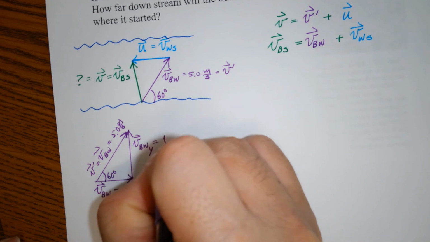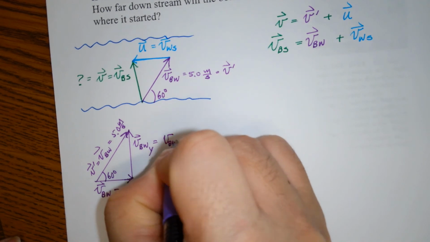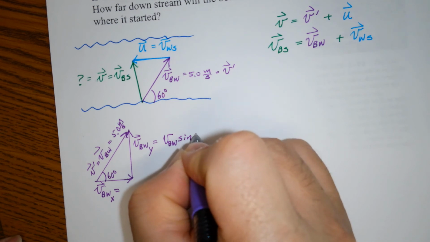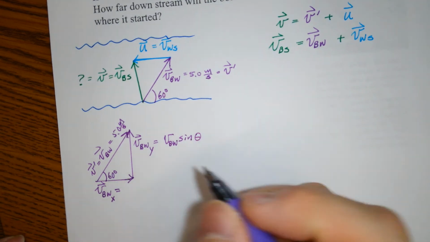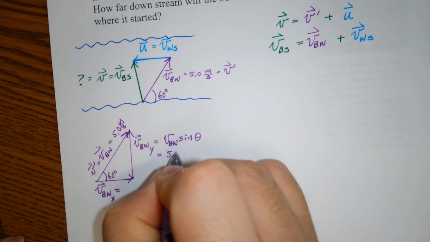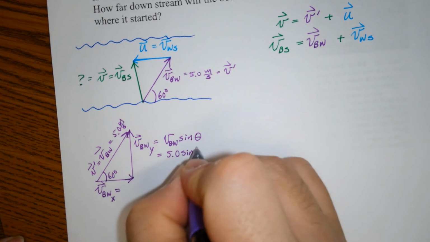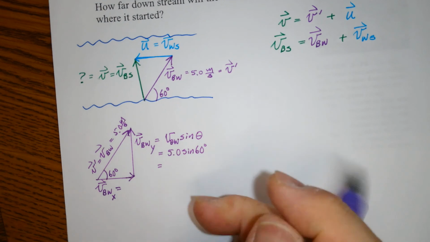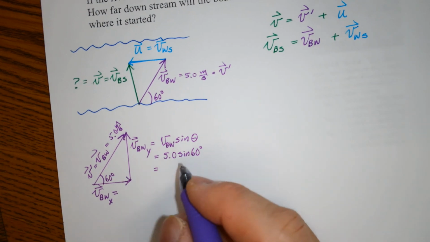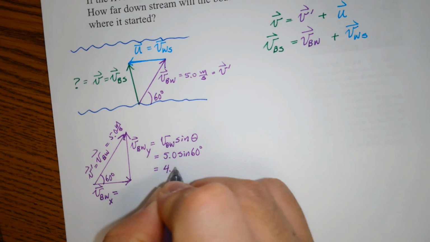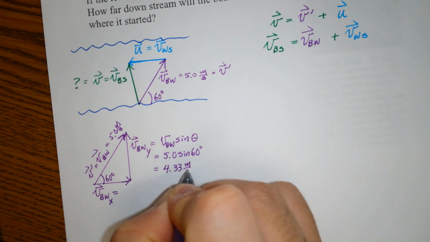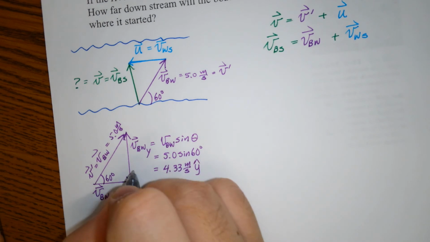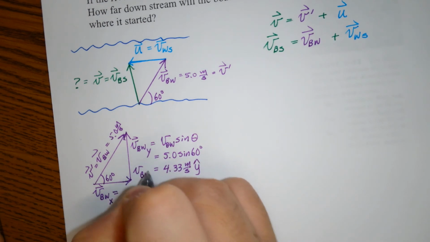This is simply VBW times sine of theta, which is equal to 5.0 times sine of 60 degrees. So sine of 60 is 0.866. 5 times that, you should get 4.33 meters per second. And this will be y hat, right? So this is VBWY.